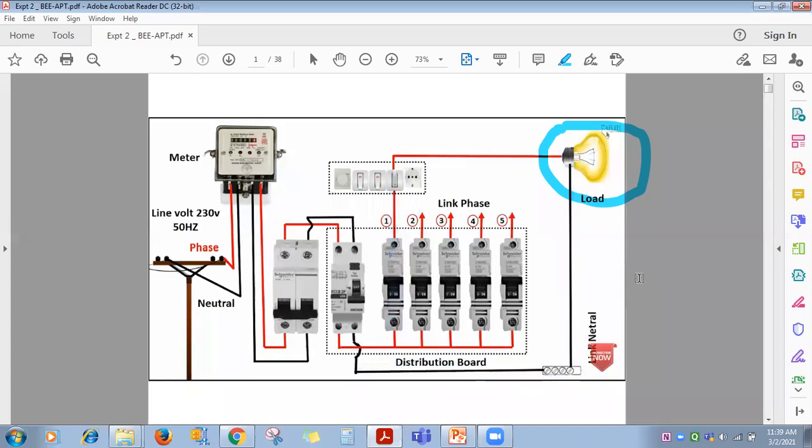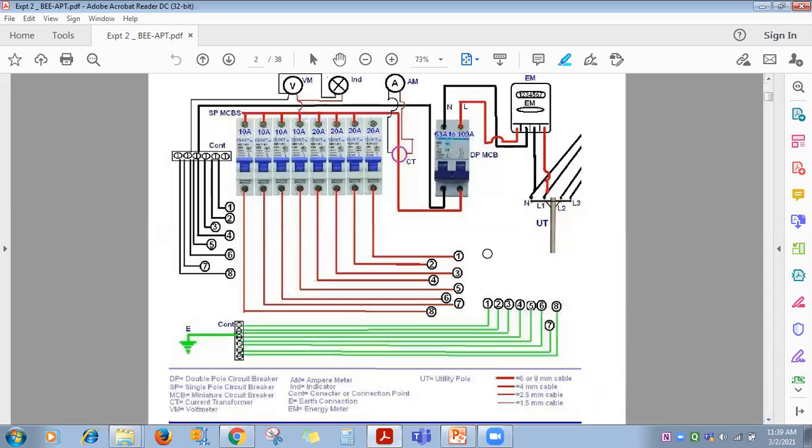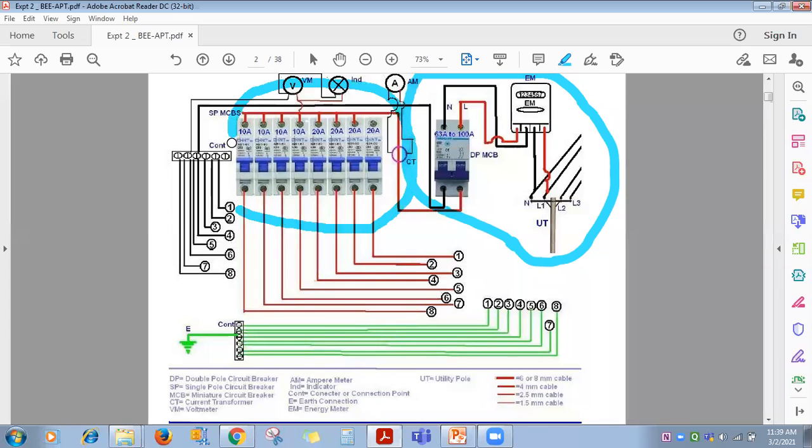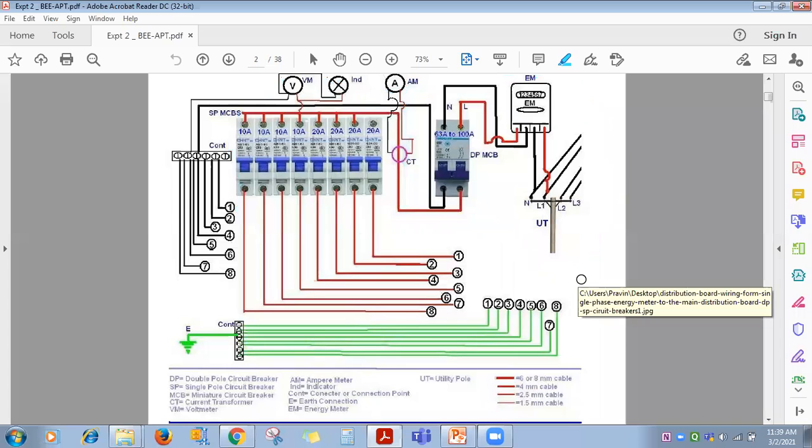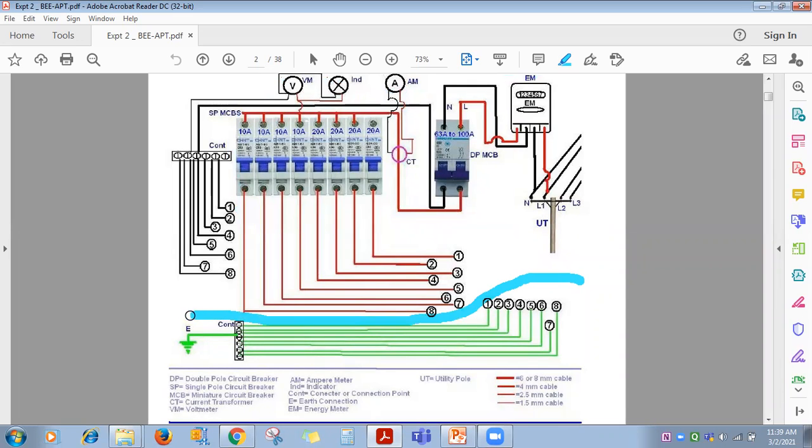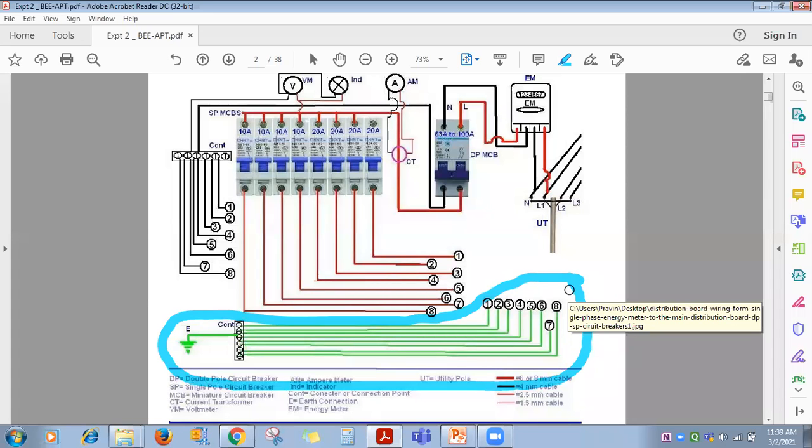Like this, you will find the connection of a distribution board. In the next slide also the same thing: pole is here, energy meter, MCB and single pole MCB for each phase. Along with this, you will find here a green color wire. Green color is used for earthing. Black color insulation is used for neutral.